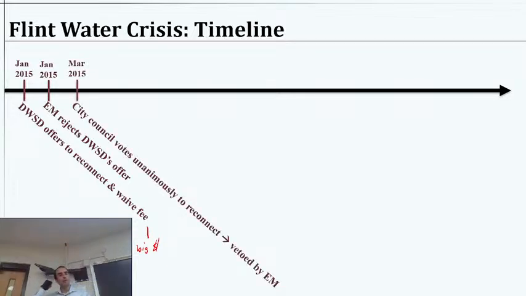By March 2015, the City Council votes unanimously to reconnect, to accept that offer. They want to, but the situation of the emergency manager having the authority there, able to veto it, kind of shows why we don't like tyranny, right?